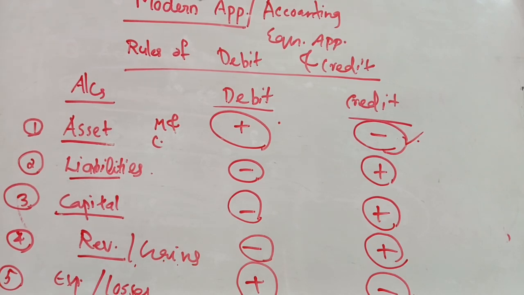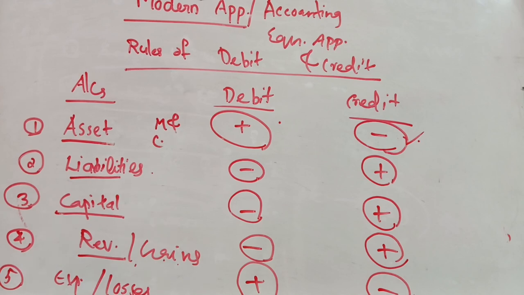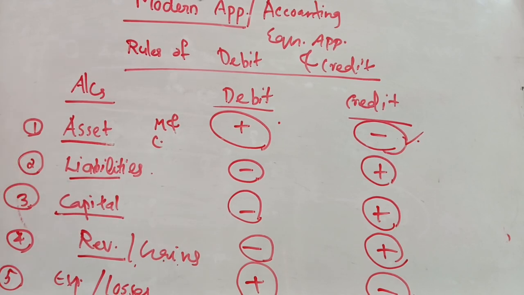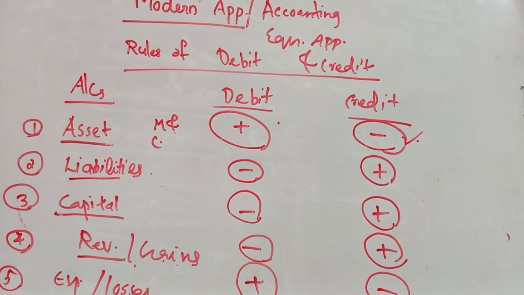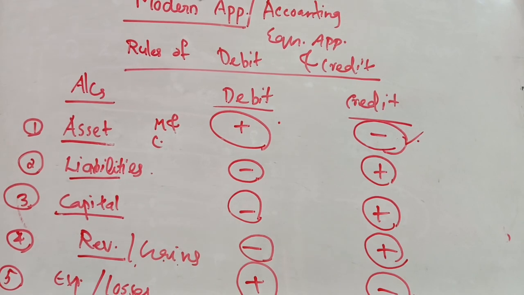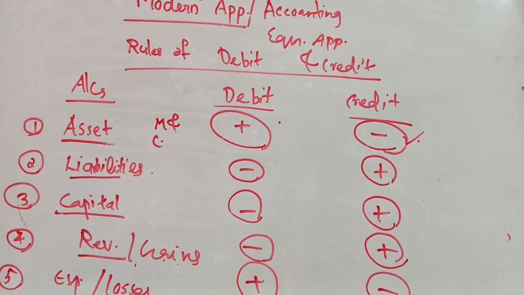Both approaches we discussed in a detailed way, that is the traditional approach classification of accounts, the modern approach classification of accounts, and the rules regarding the recording of transactions as per both approaches. That's all about the topic for the day.